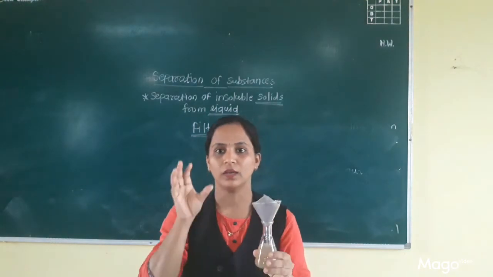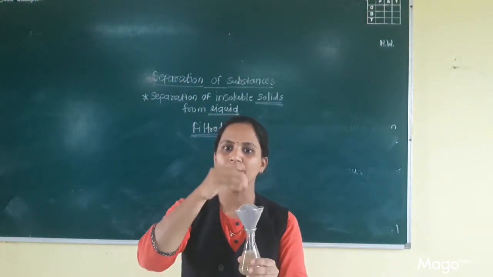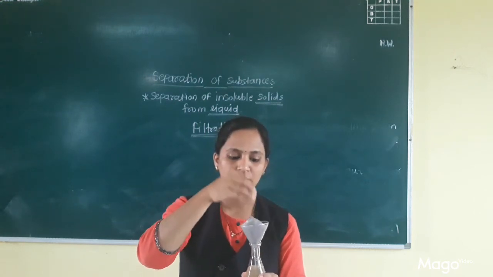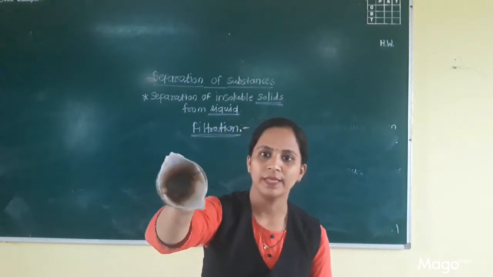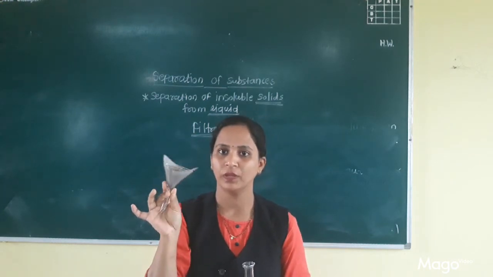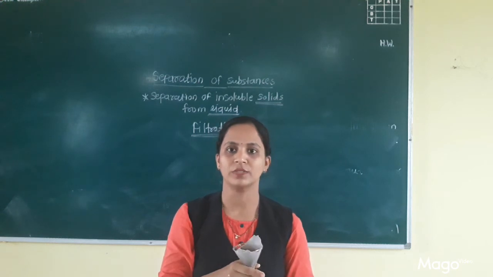So sand particles are larger, so these sand particles remain as they are on the filter paper, and that insoluble, heavier particle which remains on the filter paper is called residue. Just now I told you about sedimentation.